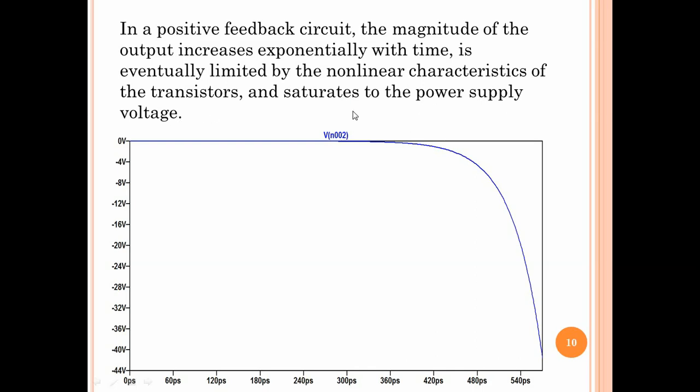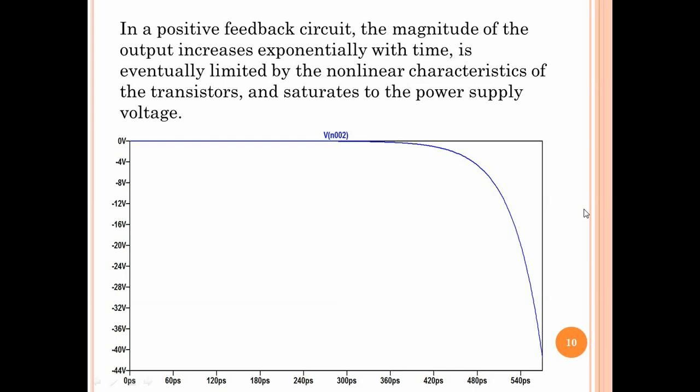So for an op amp, if the negative power supply is minus 10 or minus 12 or minus 15 volts, this will eventually saturate at minus 12 volts. It will change its behavior from exponential to saturating.